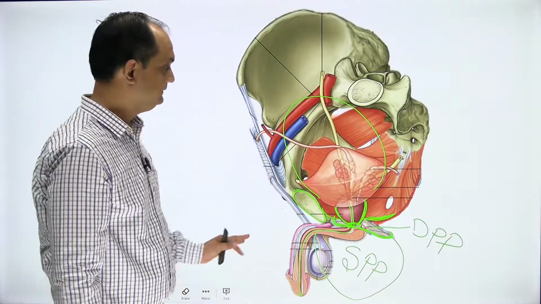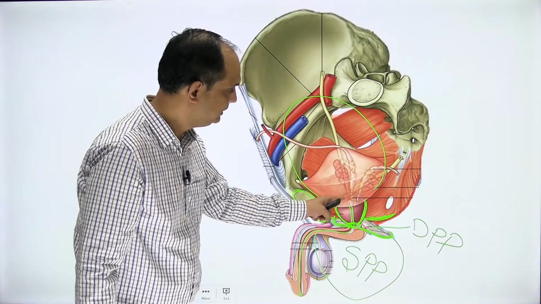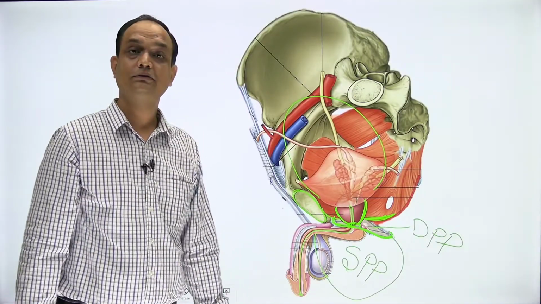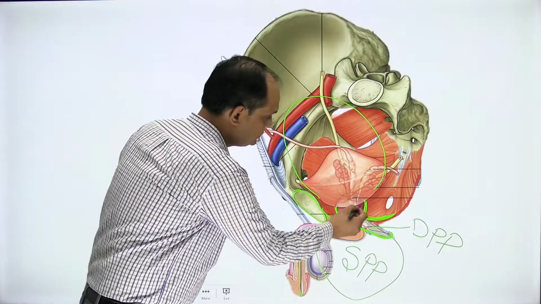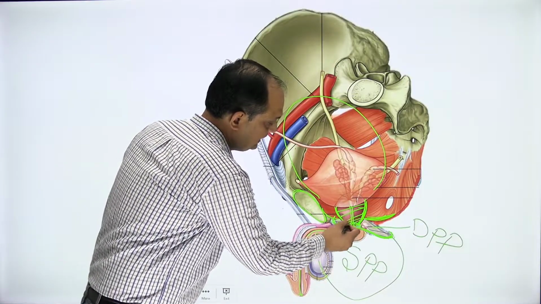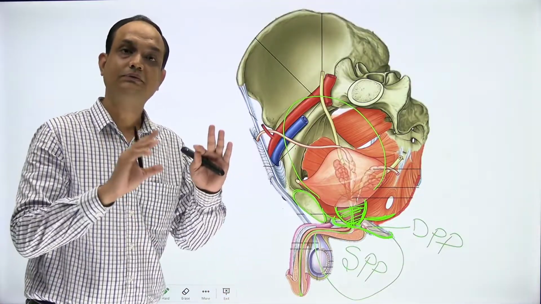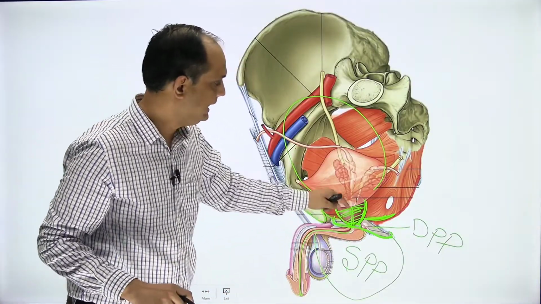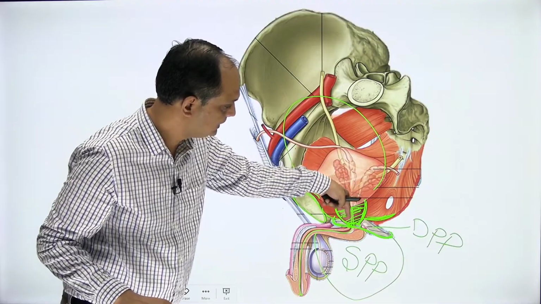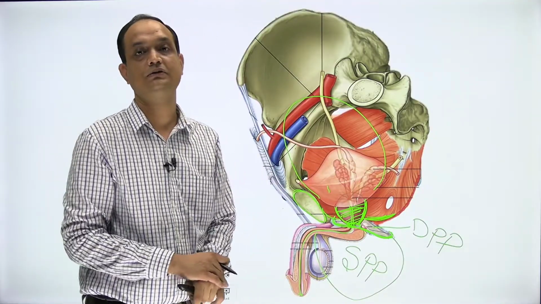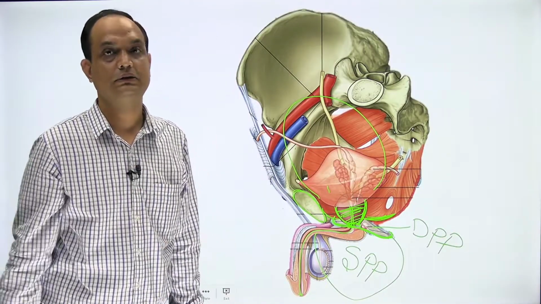Clear? Now the second thing is that below the urinary bladder, in case of the male, you have the prostate, and this prostate lies inside the pelvic cavity above the urogenital diaphragm, and the part of the urethra passing through the prostate is known as prostatic urethra.